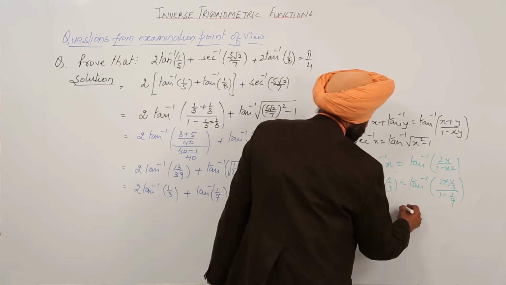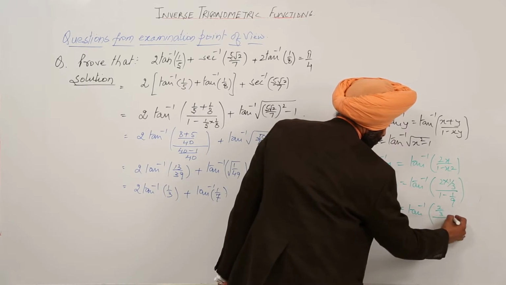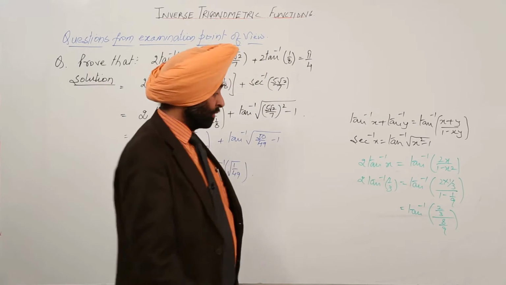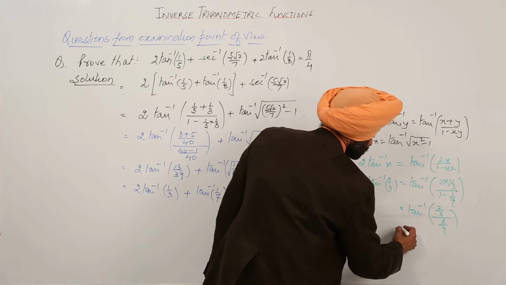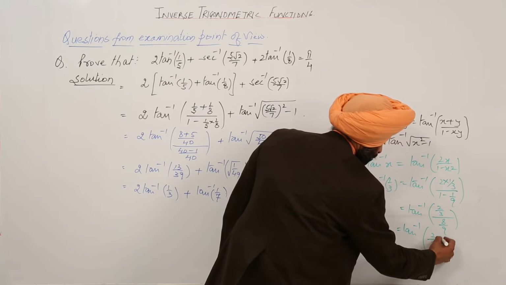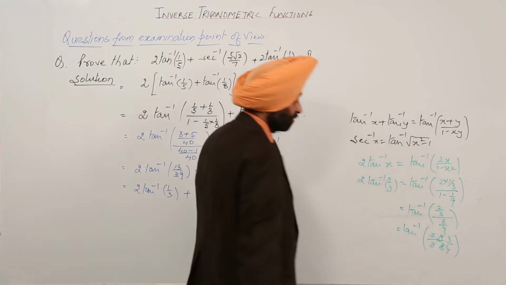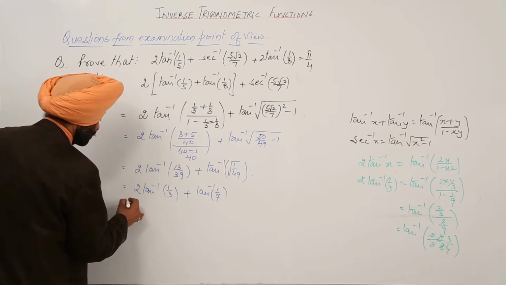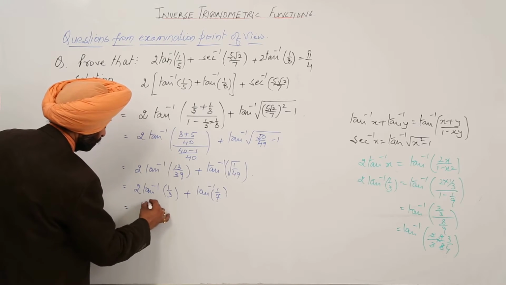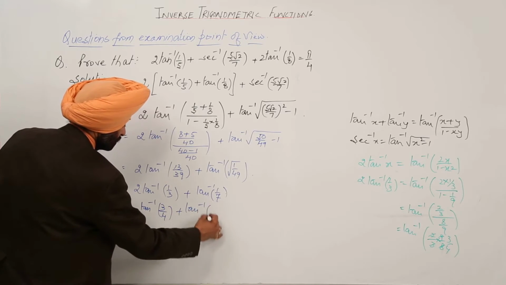So now this becomes tan inverse 2 by 3 upon 8 by 9. Further this becomes tan inverse 2 by 3 into 9 by 8. So 4 is 3 times, and we are left with 3 by 4. So here we can write 2 tan inverse 1 by 3 is tan inverse 3 by 4, plus tan inverse 1 by 7.